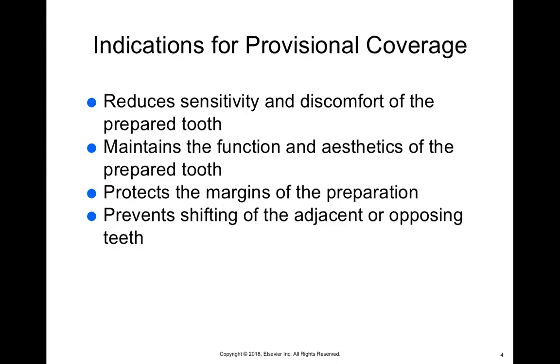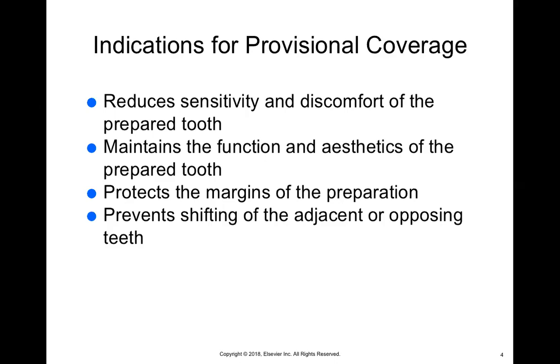Because if we place something permanently and we realize down the line that it's an issue for that patient, now we have to do even more drilling and remove even more tooth structure when we could have just waited a little bit.